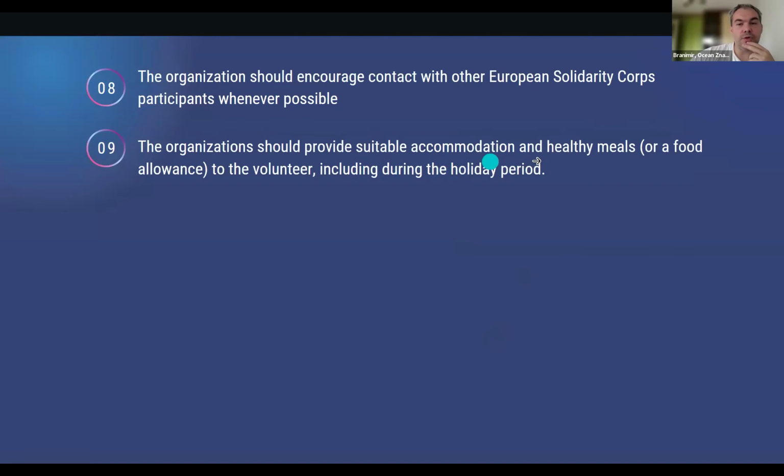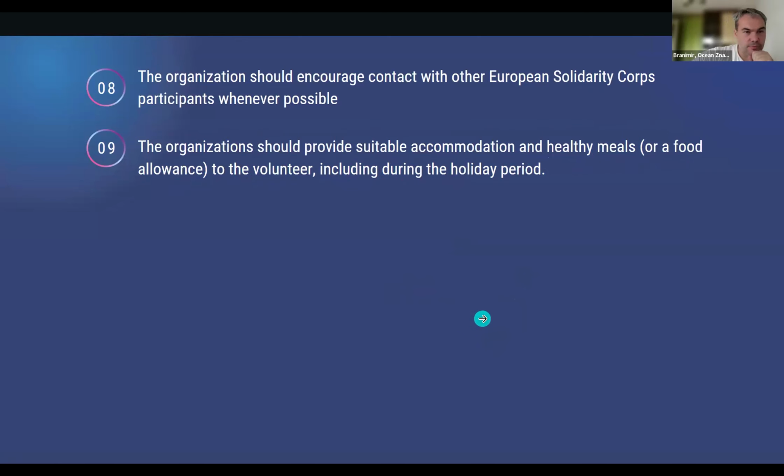The organization should provide suitable accommodation, healthy meals, or a food allowance to the volunteer, including during the holiday period. True or false? Okay.